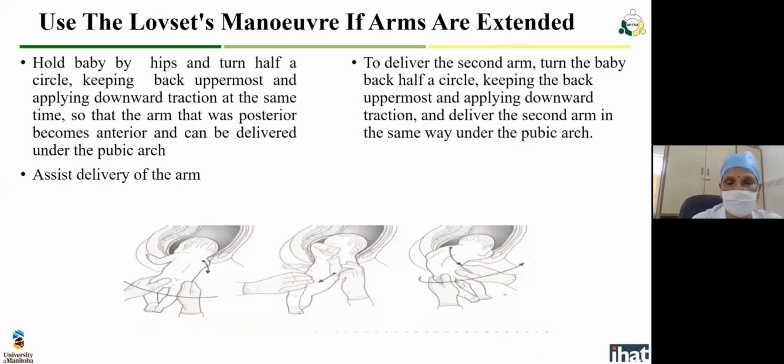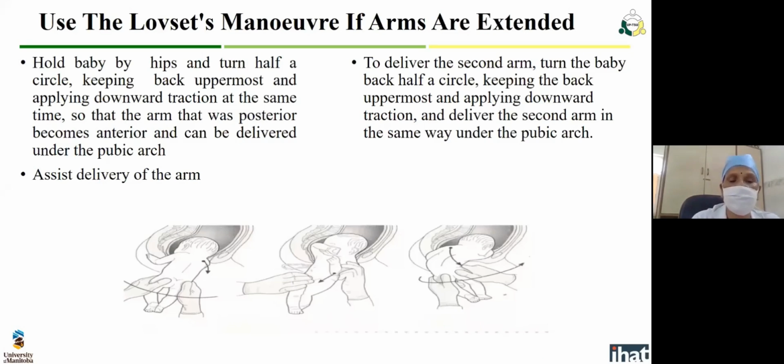For the extended arms, Løvset maneuver: you hold the baby at the femoropelvic junction, with your thumbs parallel to the spine.